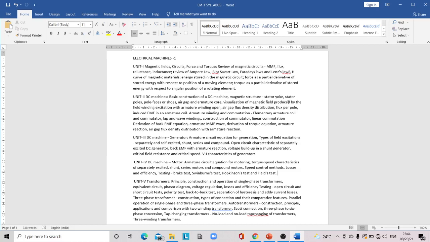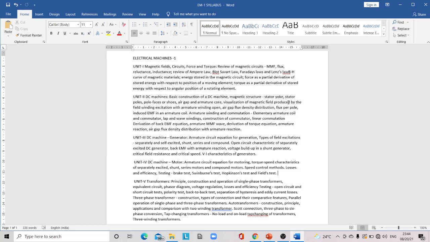The second unit is all about DC machines. This is not particularly generator or motor. In the second unit we saw the DC machine and its construction: what are the various parts of a DC machine.